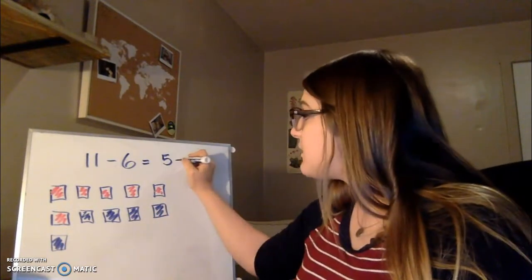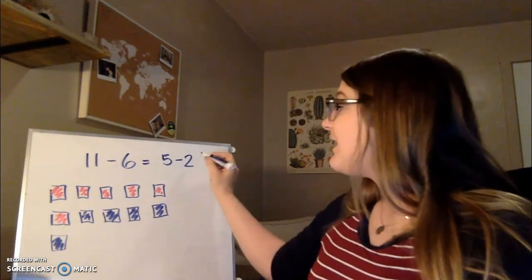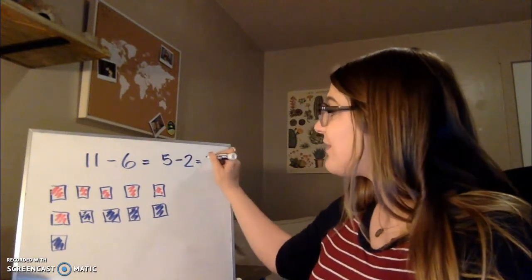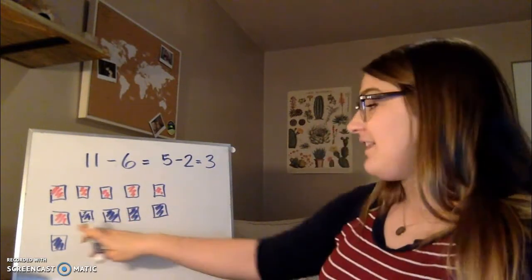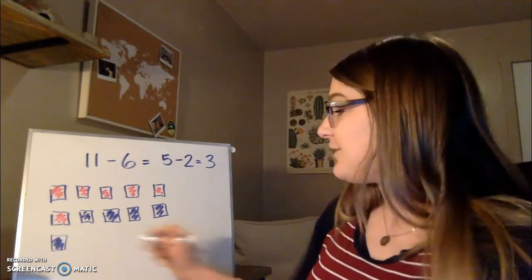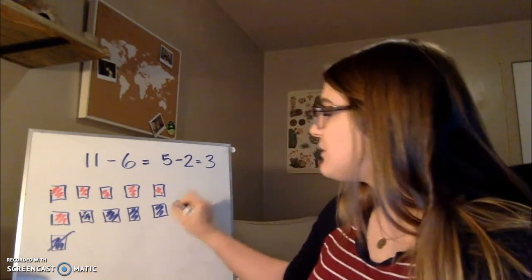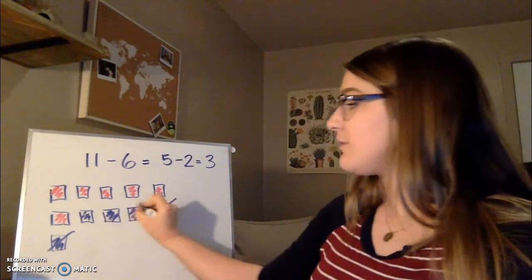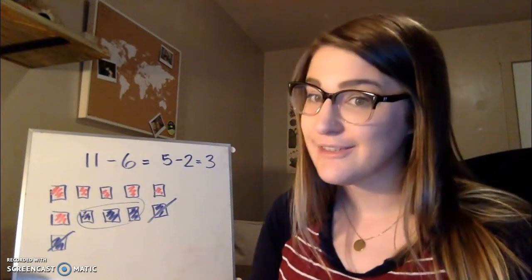So I'm going to subtract 2. 5 minus 2 equals what? 3. So if I go back to my illustration, out of these 5 blue pieces of paper that he had, he used 2 of them. So I'm going to take 2 of those away. There are 3 pieces of blue paper left.